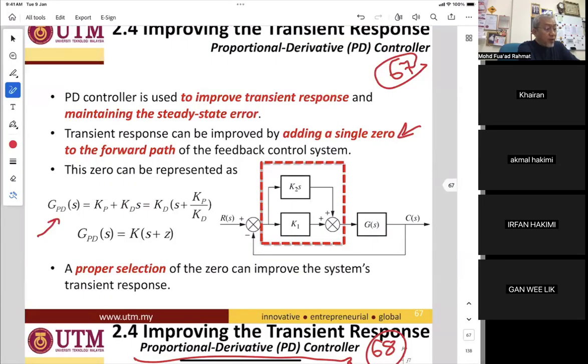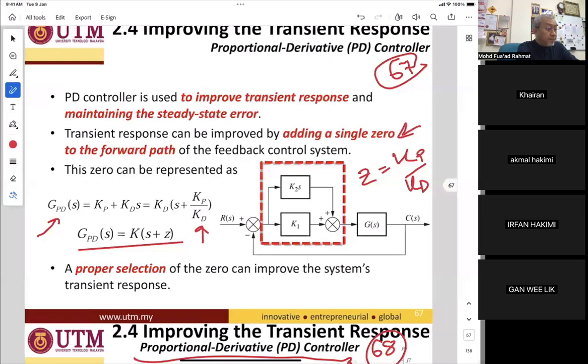The zero value is the ratio between Kp, the gain of the P controller, and Kd, the gain of the derivative controller, known as Z. So we can simplify it to K(s plus Z), where K is the gain of the PD controller and Z is the zero value, the ratio of gain Kp over gain Kd.